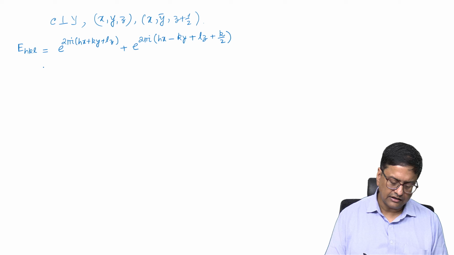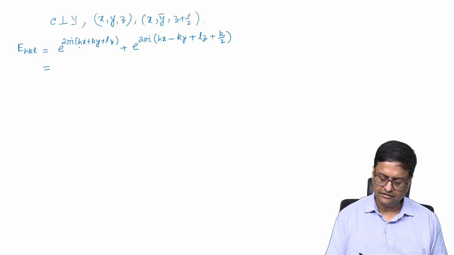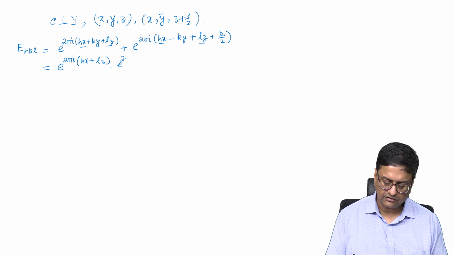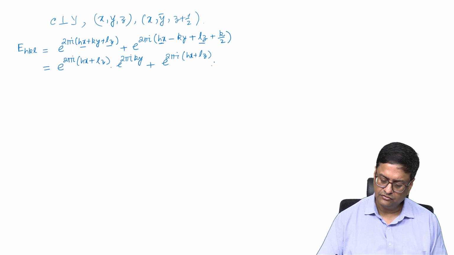So, now we again break it into parts, looking at the similar terms, which are hx and lz: e to the power 2 pi i (hx + lz) into e to the power 2 pi i k y, plus e to the power 2 pi i (hx + lz) into e to the power minus 2 pi i k y into e to the power 2 pi i k by 2.